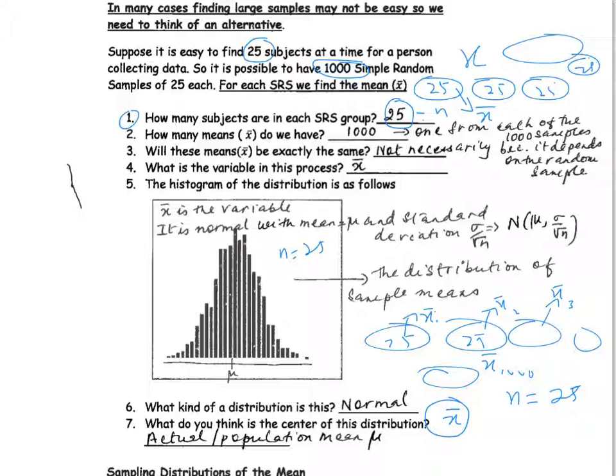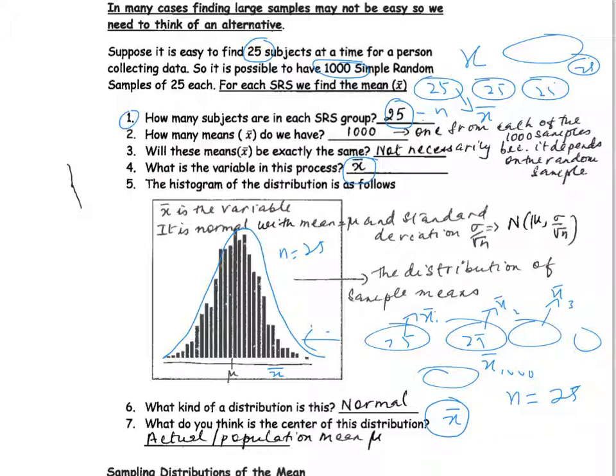Once we collect all those numbers and make a histogram from them, we're going to get a bell-shaped distribution. Now notice that on the x-axis, the variable is no longer x, it is x bar. Now what is the variable in this particular process?